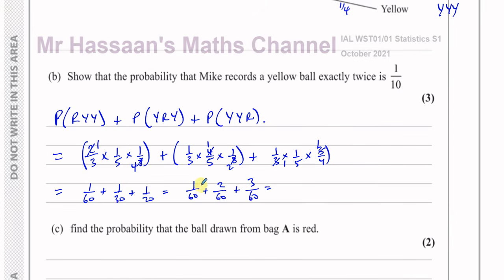So that gives you 1 plus 2 plus 3, 6 over 60, and we know that 6 over 60 is 1 over 10. As required, we had to show that it's 1/10 when he has exactly 2 yellows picked.